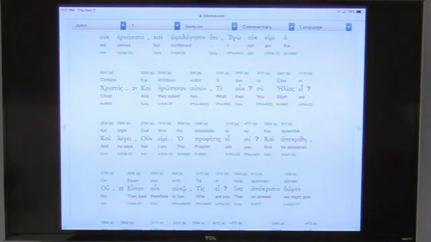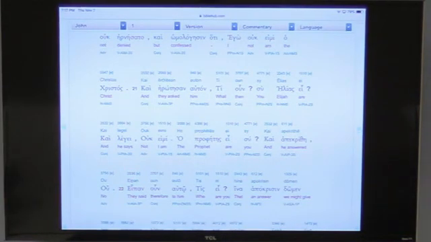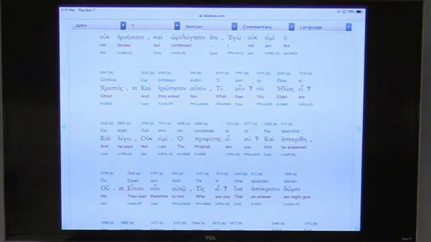So the majority of extant manuscripts, that means things that exist, of the 8,500 agree with the Textus Receptus. The minority view would be the text that I use, called the United Bible Society's text. And it's a minority view.